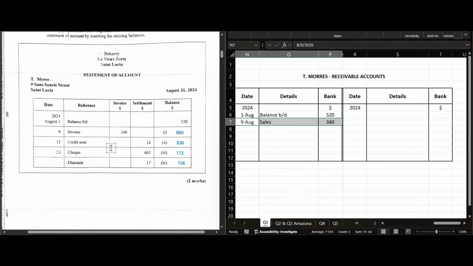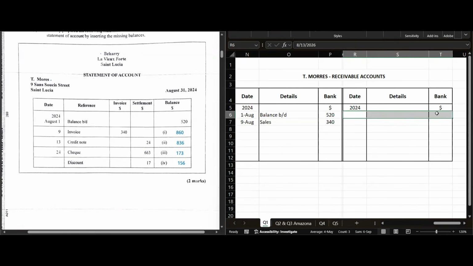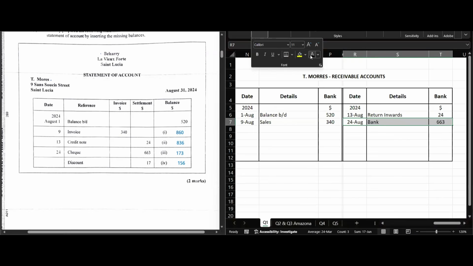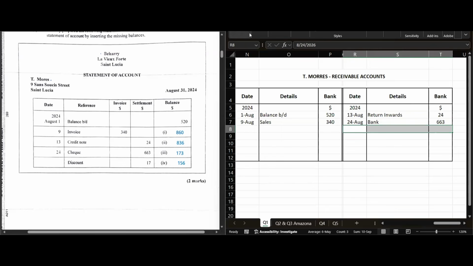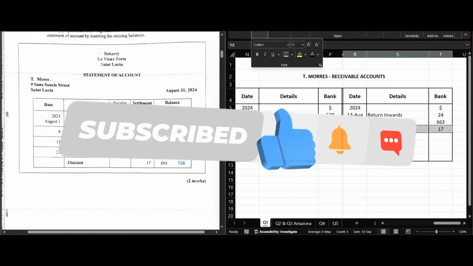TMOs returned goods on the 13th and they got a credit note that will be reducing TMOs account $24. TMOs paid a check on the 24th, reducing the account. And TMOs did receive a discount as well. Here we go.